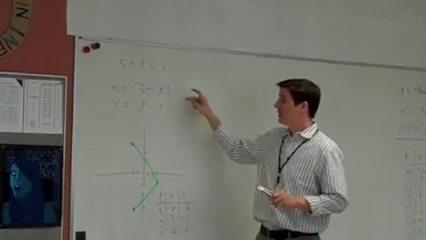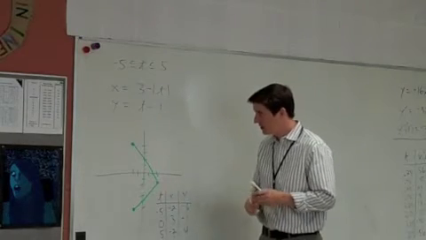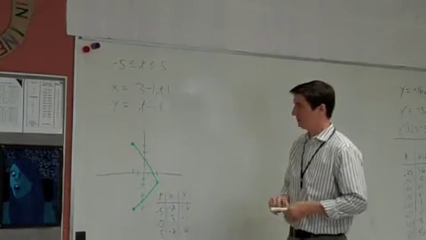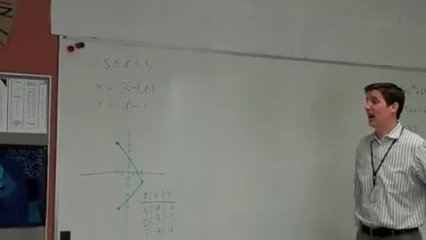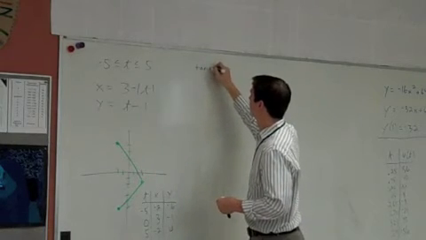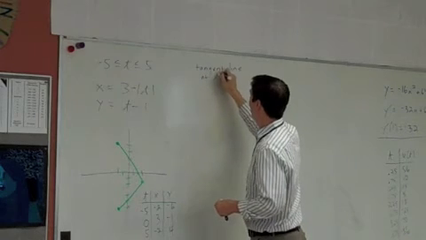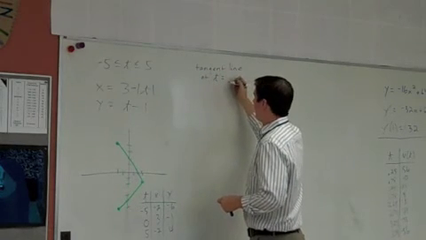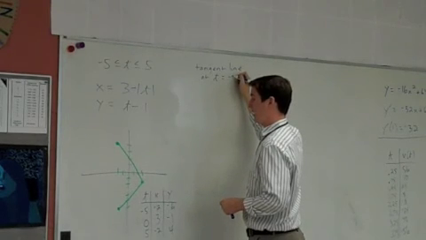According to time, this models the x position, and this models the y position. Okay? And I want to know the equation of the tangent line at time, let's say, I think -3 would be nice.